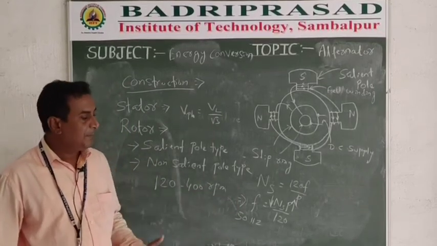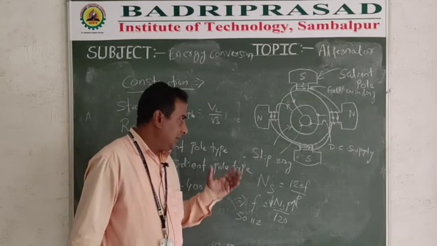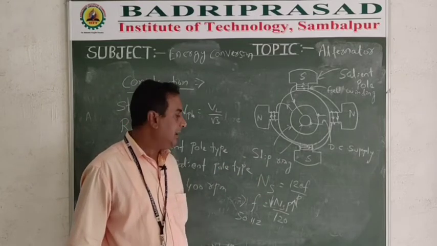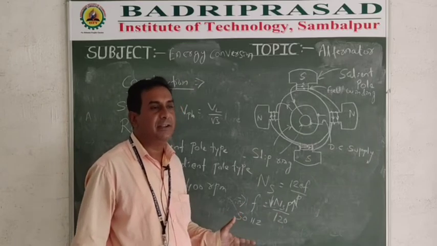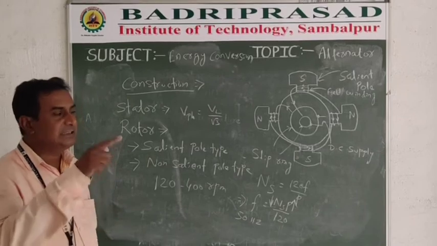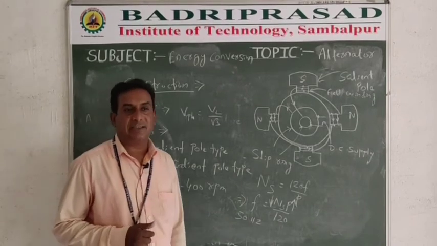That is why the speed of a salient pole type rotor is in the range of 120 to 400 RPM, and it is generally used in hydroelectric power plants. This rotor has a large diameter and small axial length.